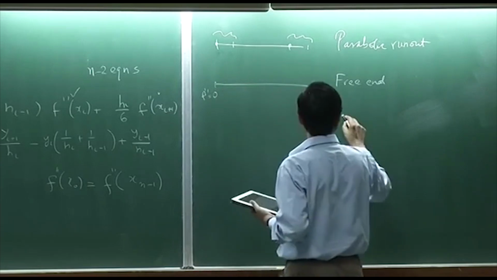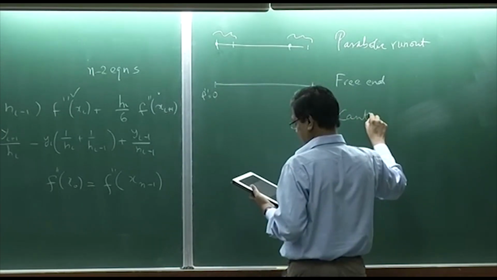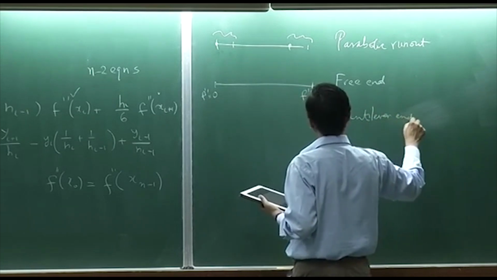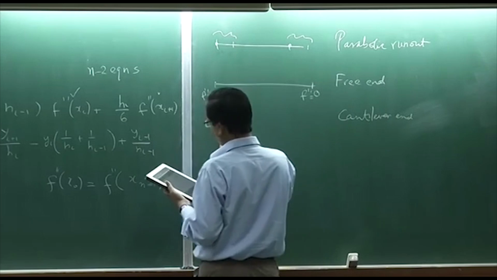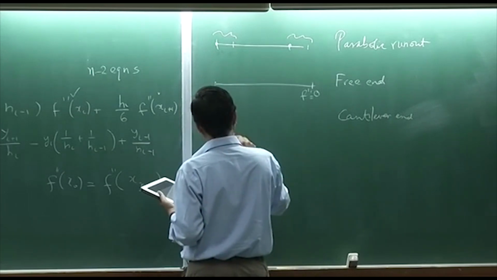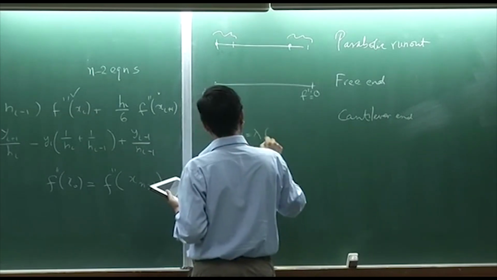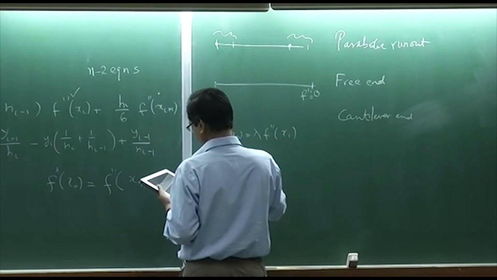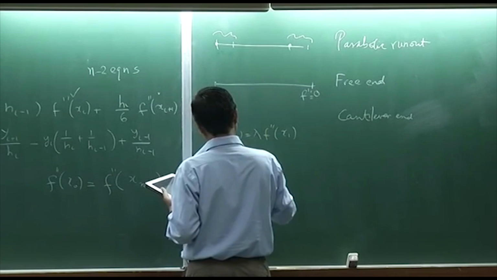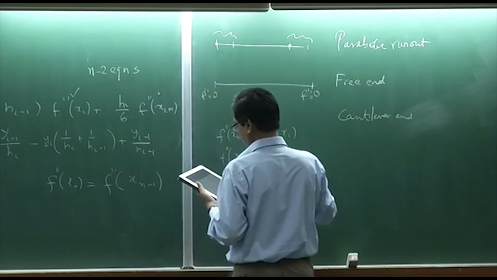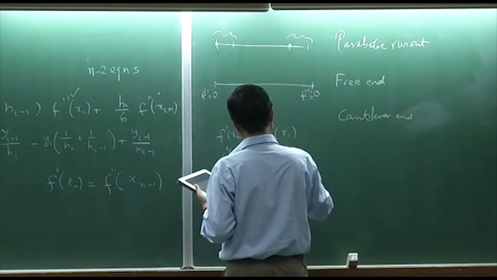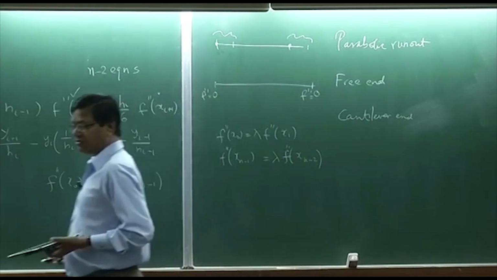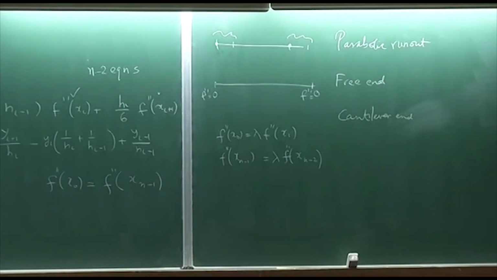And there is something called cantilever end. So there I assume that f double prime x0 is lambda times f double prime x1. Okay, so except the periodic case, we need 2 conditions.